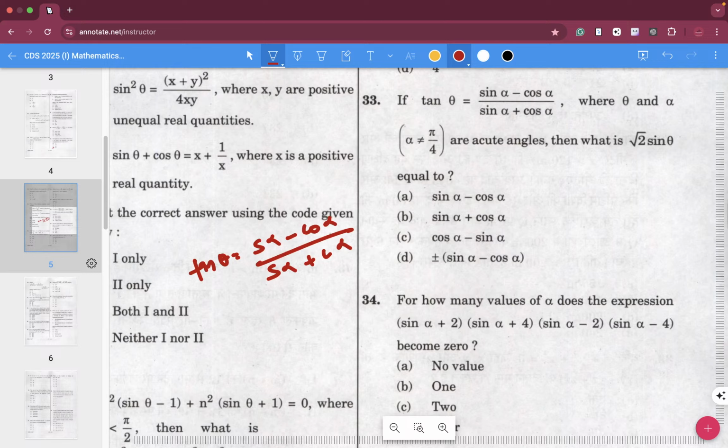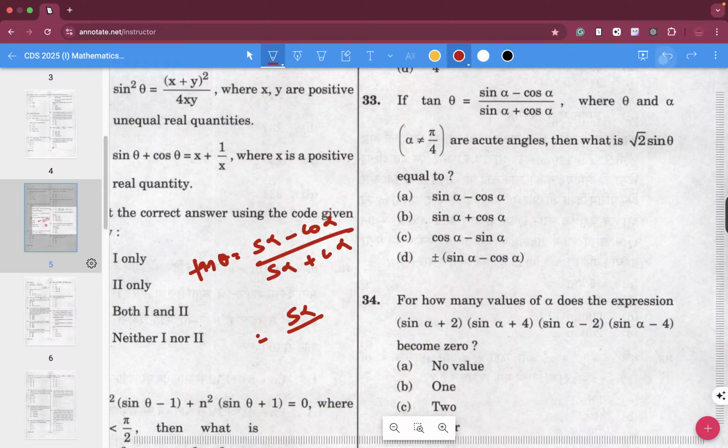Right. So now what we do, we divide the whole of the equation on the right hand side by cos alpha.